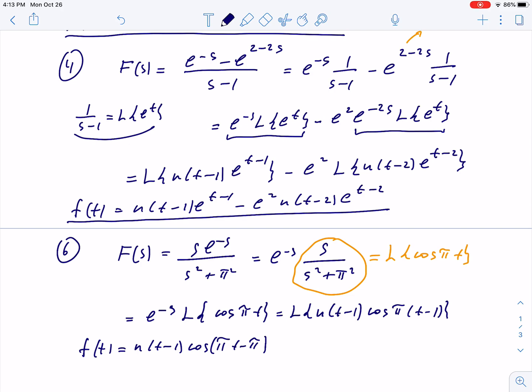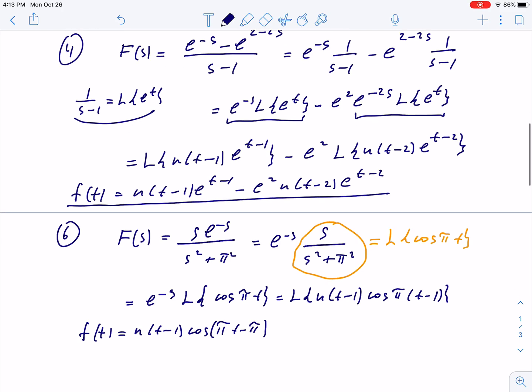This can be simplified. I can use a simple formula for cosine of the difference of two angles. Cosine of x minus y equals cosine x cosine y plus sine x sine y.